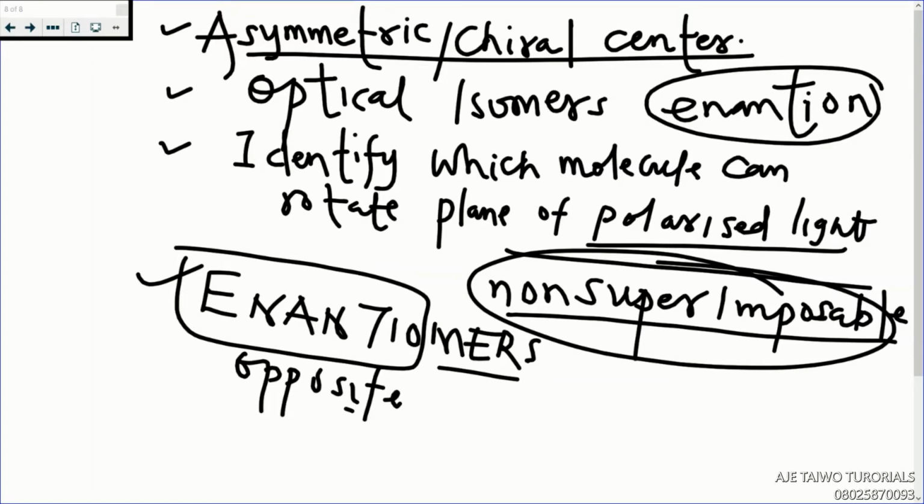A molecule that has a superimposable mirror image, superimposable mirror images of each other, is achiral.